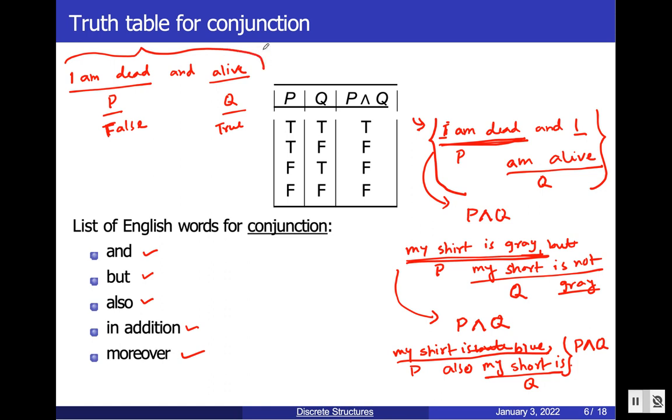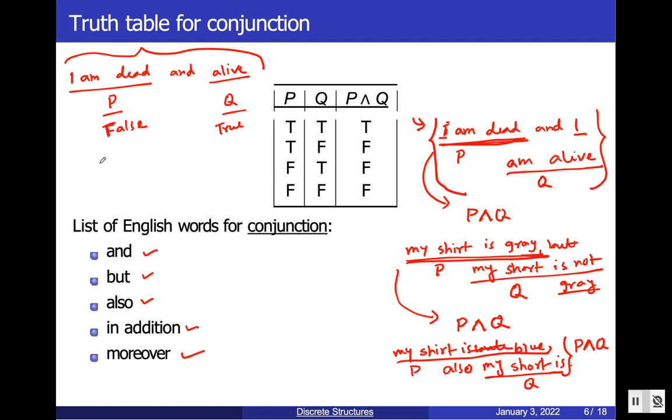I cannot be both dead and alive at the same time, right? So this will be false. If one of the statements is false, then the conjunction statement will be false. Only if both statements are true will the conjunction statement be true.